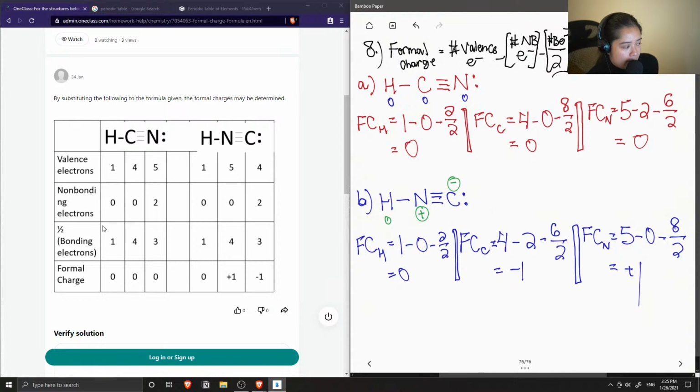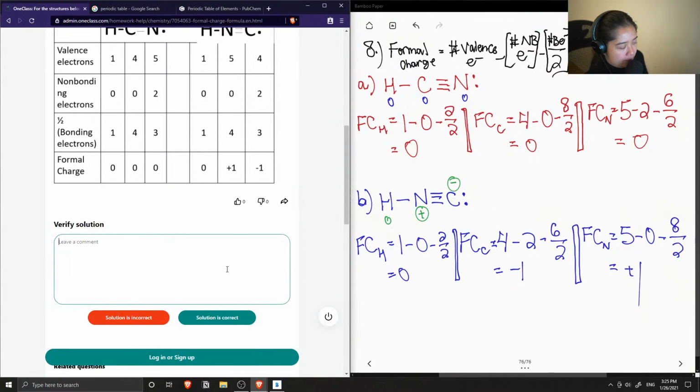And then going down, they calculated for formal charge. 0, 0, 2, 1, 4, 3. And then the formal charges were all 0 for our first structure. And then for the second structure, we have 0, +1, and -1. So this solution is correct.